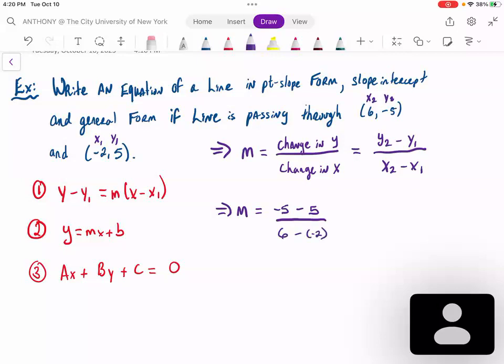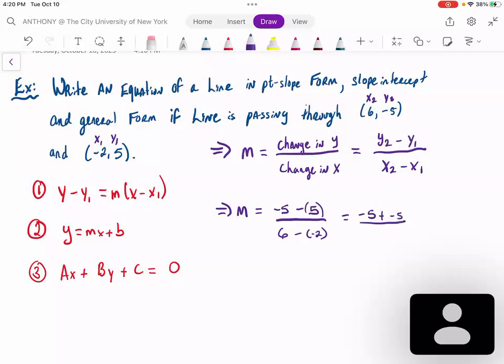Okay, let's do the computation now. For the numerator, -5 minus 5, you could apply something called keep change, change. Have you guys heard about that acronym or phrase before? Keep change, change. We keep the first -5, we change the minus sign to a positive, and the 5 becomes a negative.